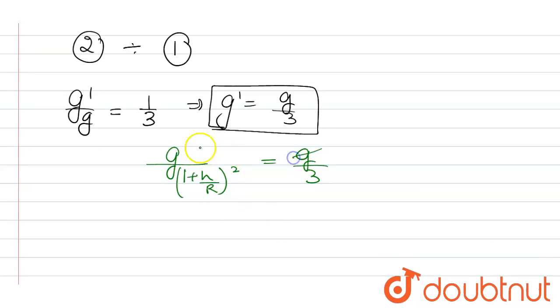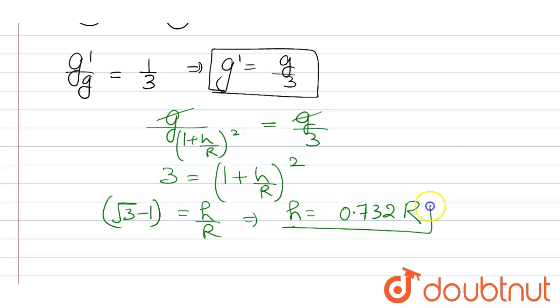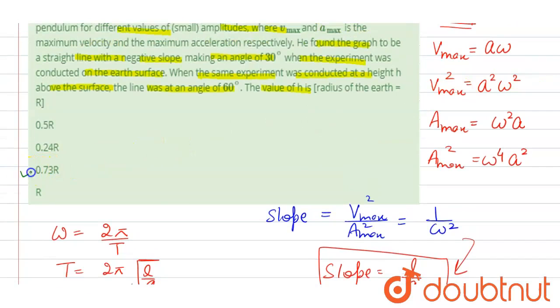So cancelling g by g here, we get 3 is equal to (1 plus h upon R) whole square. Taking root on both sides, we get root 3 minus 1 is equal to h upon R. So h will be equal to 0.732 times R. So that means the correct option of this question will be option C.